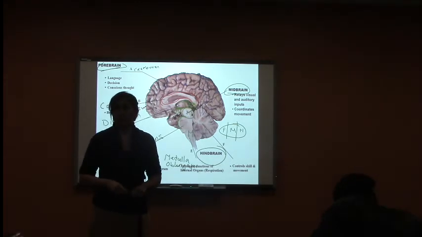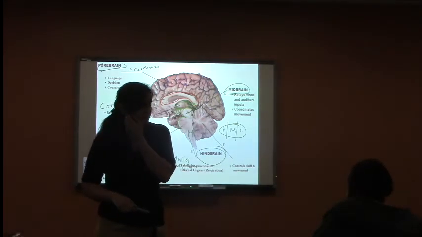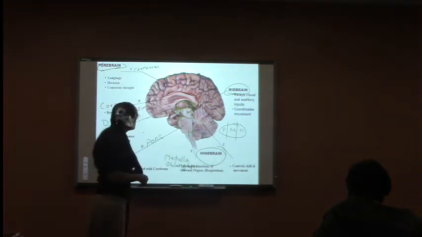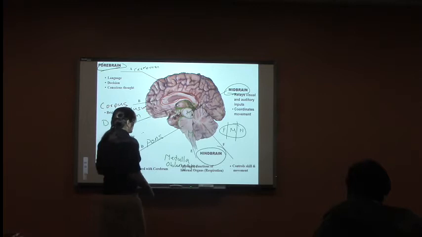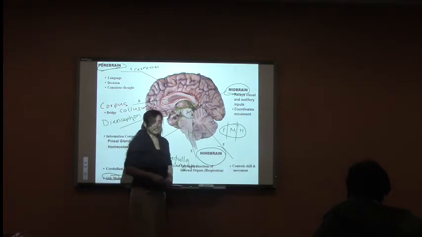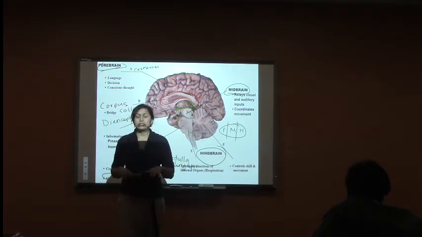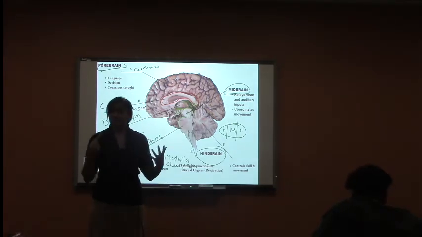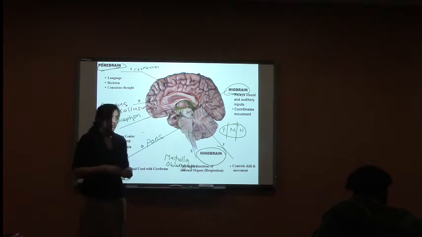O-B-L-O-N-G-A-T-A. Medulla oblongata. Everybody just says medulla. Medulla oblongata basically is responsible for autonomic functions in internal organs, meaning that it allows you to breathe, stuff like that. Okay? Your respiratory center is in the medulla oblongata.